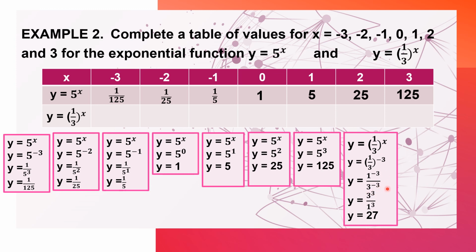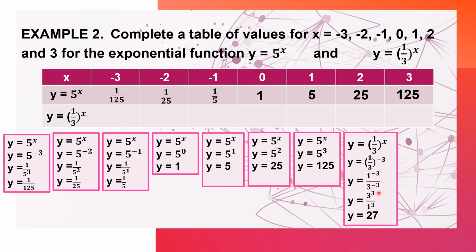So, applying the law of negative exponents, para maging positive ang ating negative exponent sa numerator, ilalagay natin siya sa denominator. And then, para maging positive ang ating negative exponent sa denominator, ilalagay naman natin siya sa numerator. So, as you can see, pinagbaliktad ko yung 1 at 3 at naging positive ang kanilang exponent.